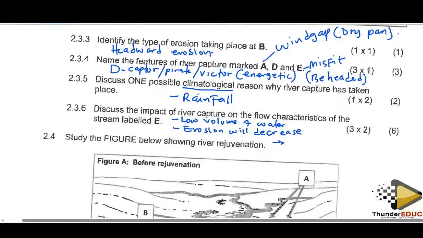We could say that there will be more deposition, because the river is no longer able to transport materials. The velocity or the speed will reduce. Okay. That wanted 3, but given 4.